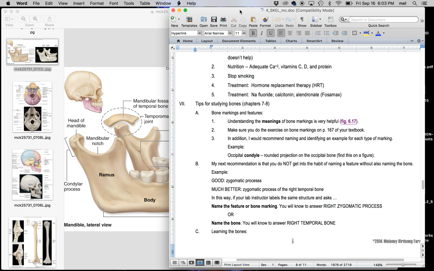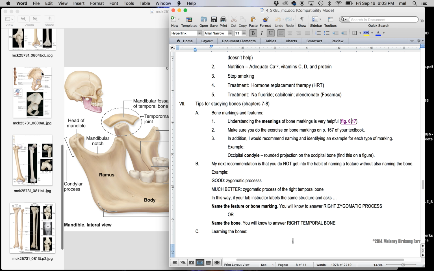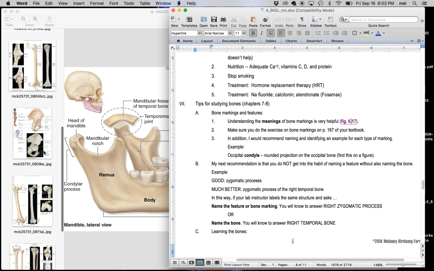And in addition, after you find a condyle, go find as many condyles as you can, or as many ramuses as you can, and try to see what they have in common. A ramus means branch. So if you start looking at the things that have a ramus, it's generally something projecting off of something else.